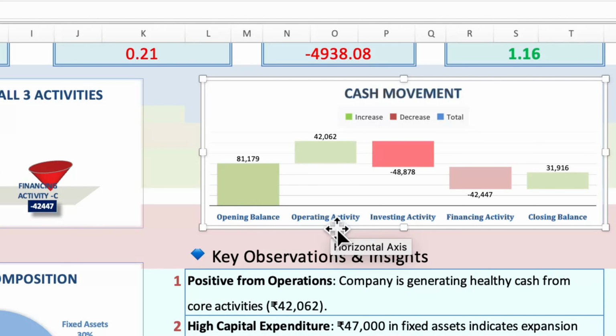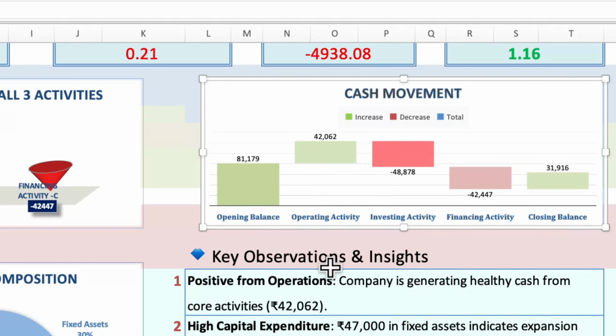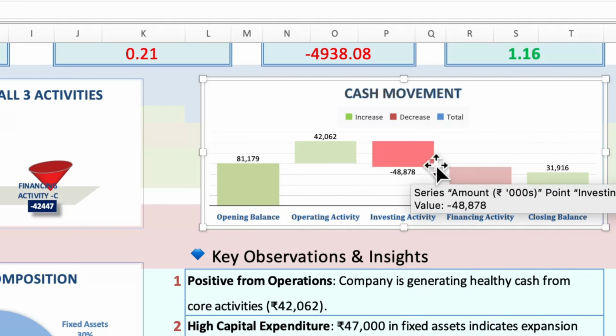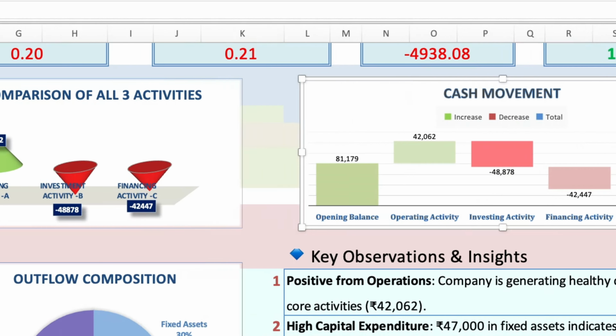So there was opening balance of 81,179, inflow of 42,062 in operating activity, which was positive, and there is negative cash flow of 48,878 in investing and 42,447 in financing activity, and finally closing balance arrive at 31,916. So this is waterfall chart. I have also done some formatting and changes in color and all here.